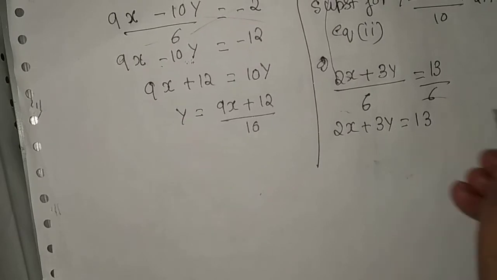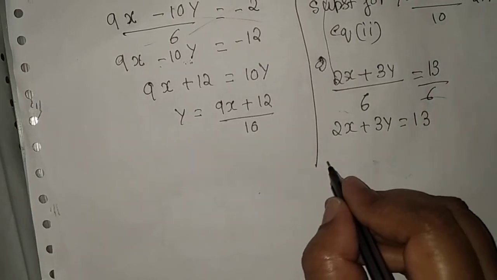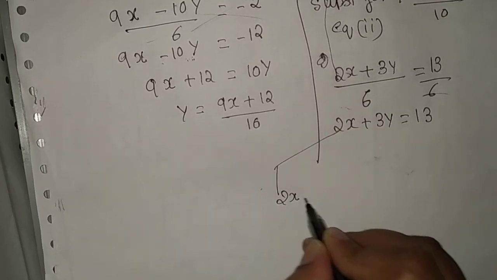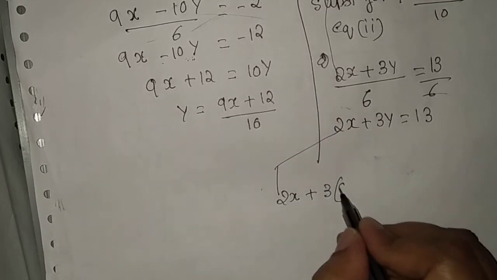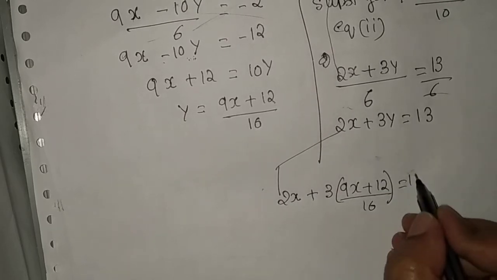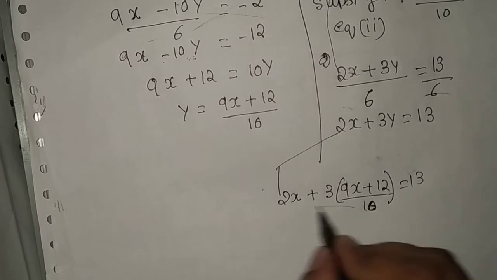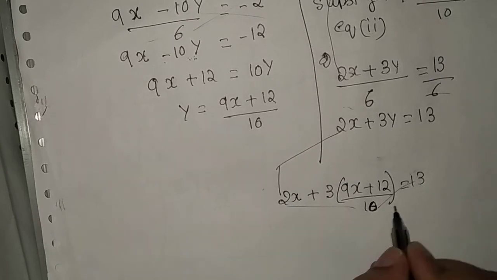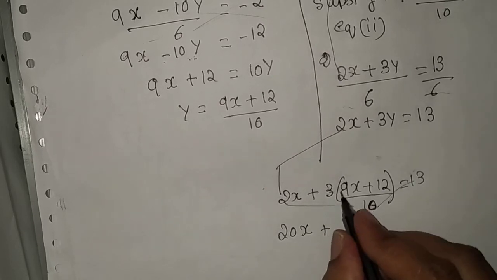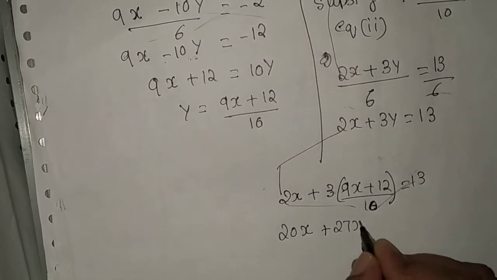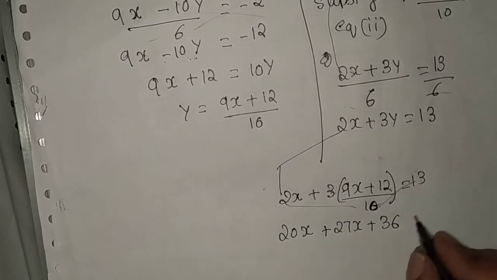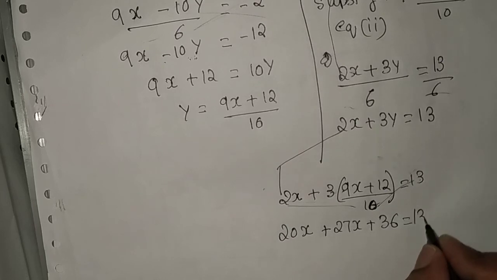Now substitute the y here. So 2x plus 3 times y, that is 9x plus 12 by 10, equal to 13. Now cross multiply by 10. We get 20x plus, bring 3 inside the bracket, 27x plus 12 into 3 is 36, 10 into 13 is equal to 130.